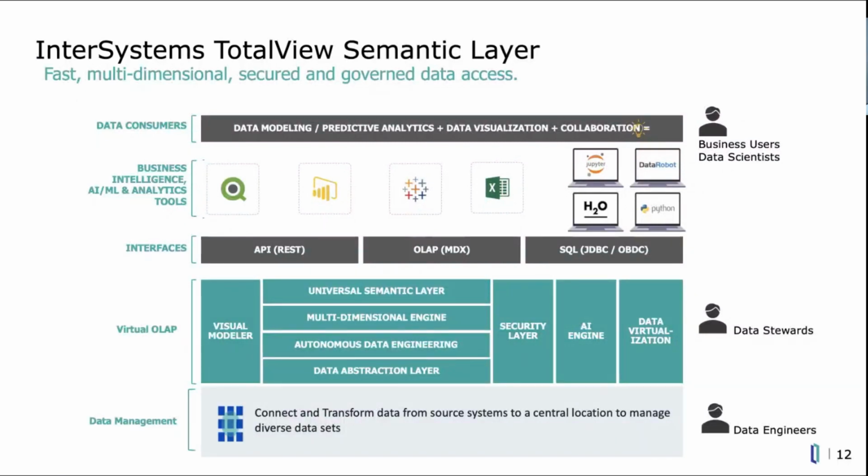And how you consume that data, whether through your BI tool of choice, in your Python environment, or via REST API, it's all coming through a single copy of the data without having to copy data multiple times for different types of consumers. So that's the whole idea around the semantic layer build. And that's what makes our data fabric smart.